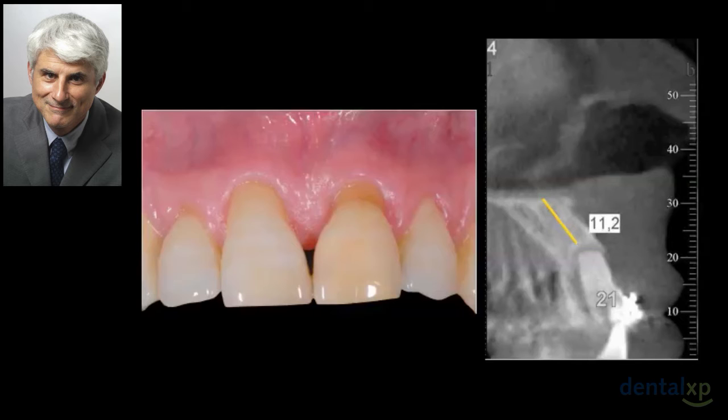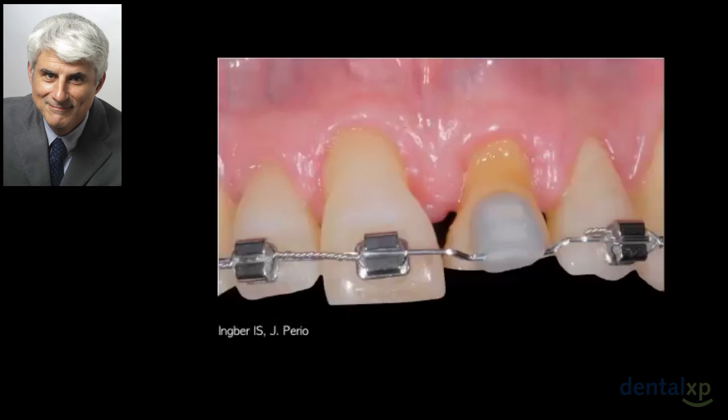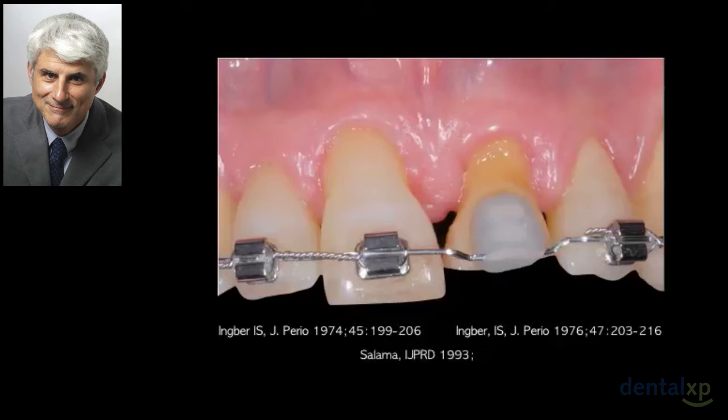So we decided, considering that the patient didn't want to go through a very complicated surgery, to start with an alternative treatment. So we decided to start with an ortho treatment, and after several months, we were able to achieve a good result in terms of soft tissue and in terms of bone.